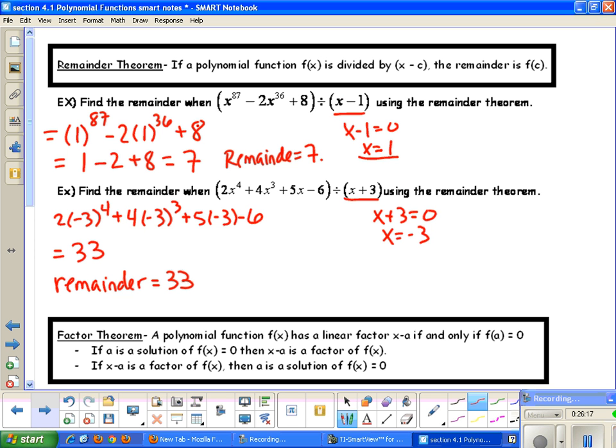If a is a solution of f of x equals 0, then x minus a is a factor of the polynomial equation. If x minus a is a factor, then you know that it's also a solution. So remember, when we're finding solutions to our equation, when we have a y value of 0, these are the x-intercepts of our graph.